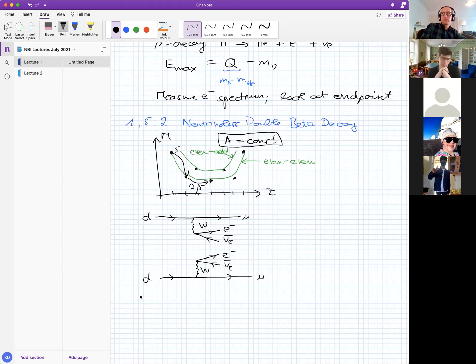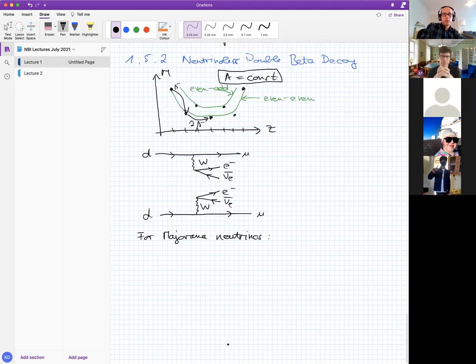Now, the special thing is that for Majorana neutrinos, there is another diagram. For Majorana neutrinos, so remember that in a Feynman diagram, you can always, without changing the process, replace an outgoing antiparticle by an incoming particle.